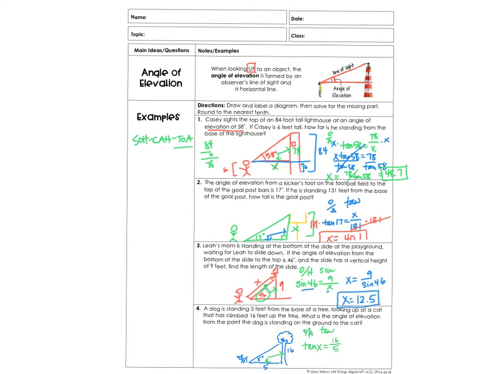Now remember, when you're finding the tangent of x, you're finding the inverse tangent of 16 over 5. So inverse tangent of 16 divided by 5 is 72.6. So our angle of elevation is 72.6 degrees. Okay, so that is angle of elevation.